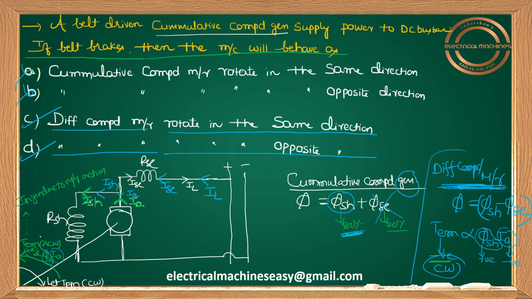So obviously I can write here, this electromagnetic torque, T_EM, is in the clockwise direction. This electromagnetic torque is due to motor action, when the prime mover fails, in a cumulative compound generator.